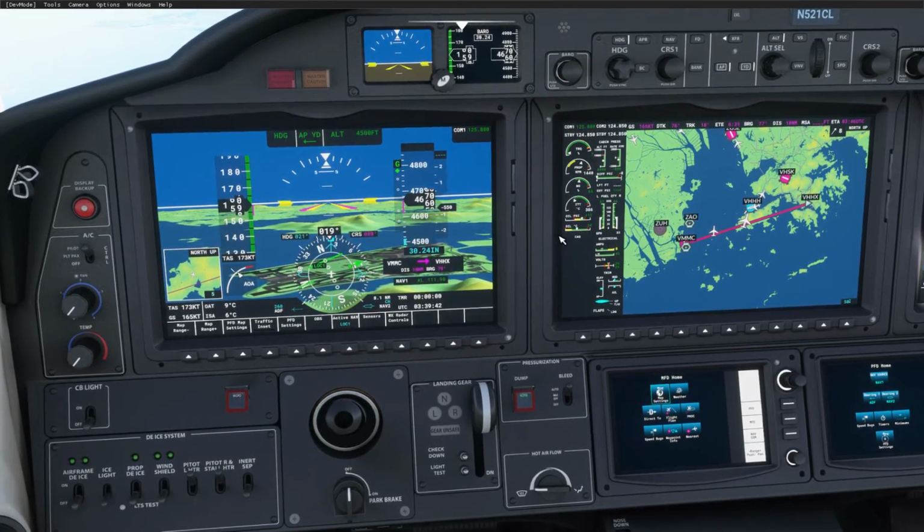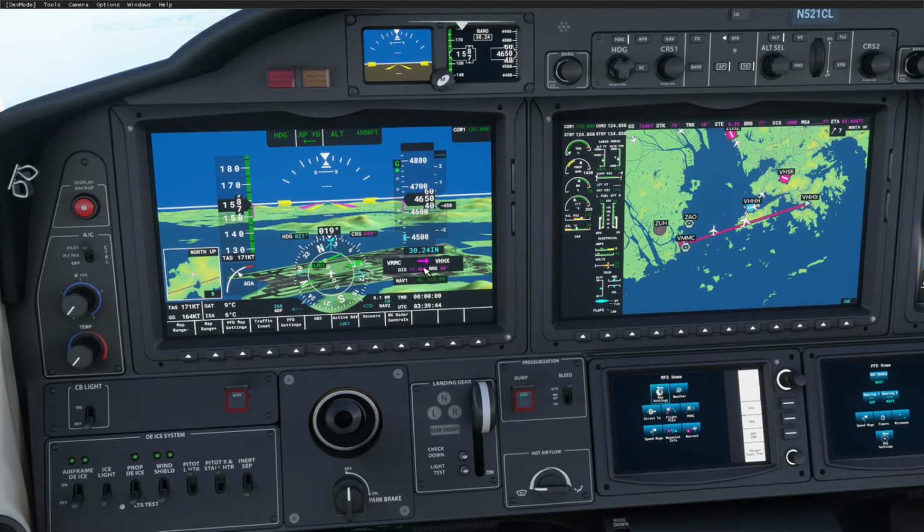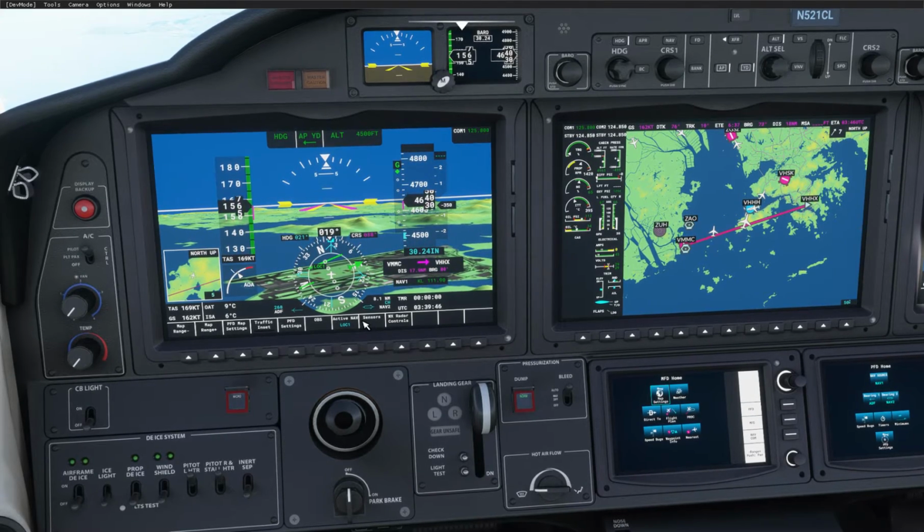Coming up on that 4,500 feet. I'm going to watch for the swing of this ADF.